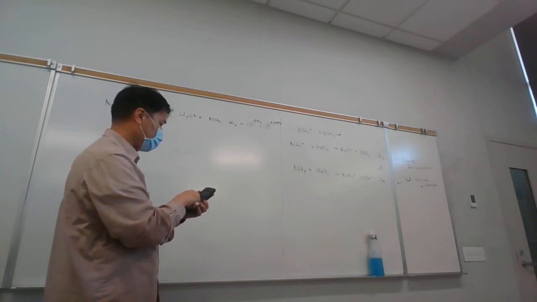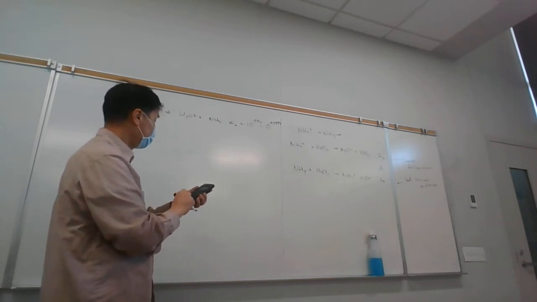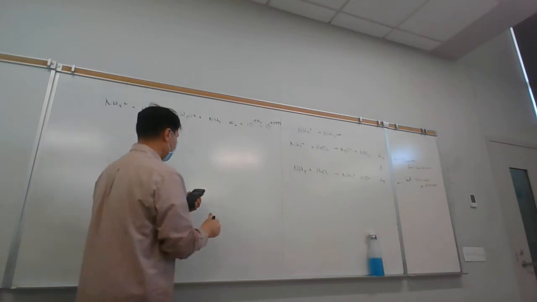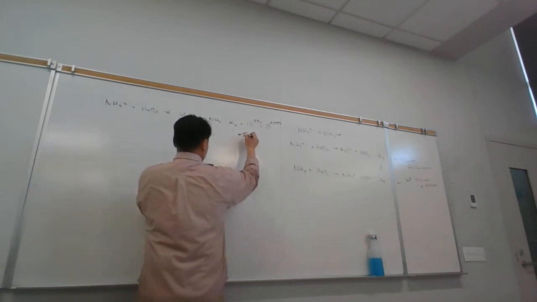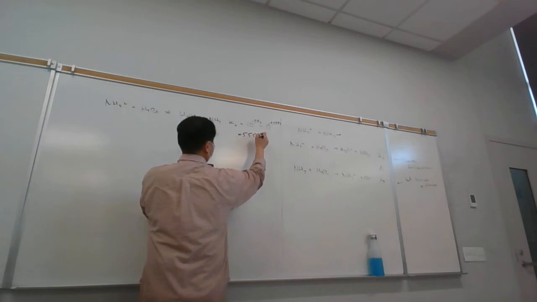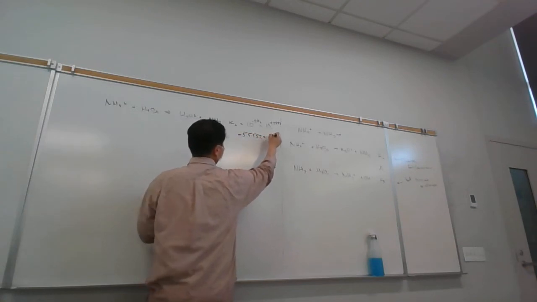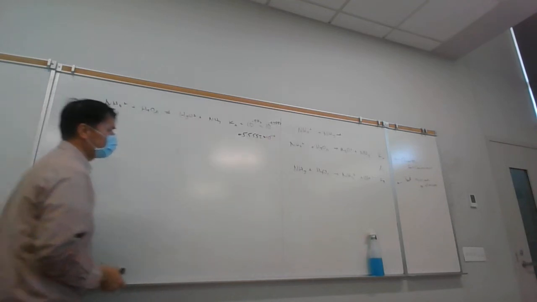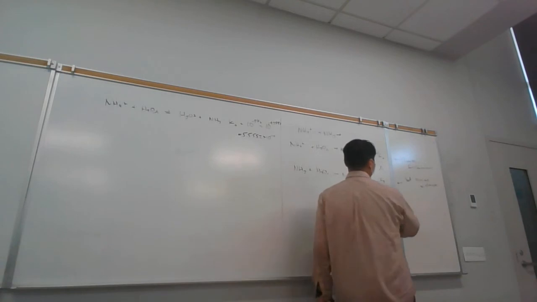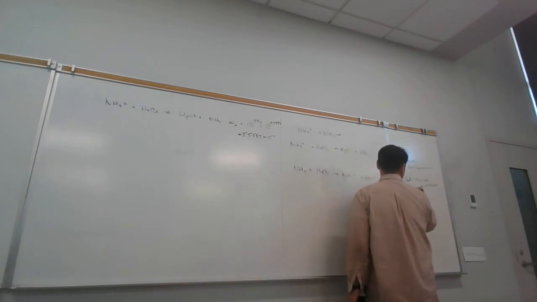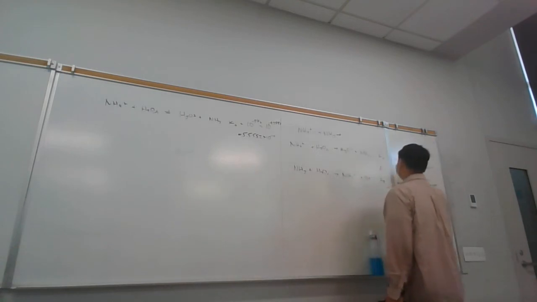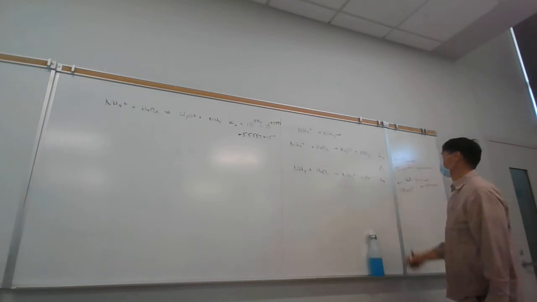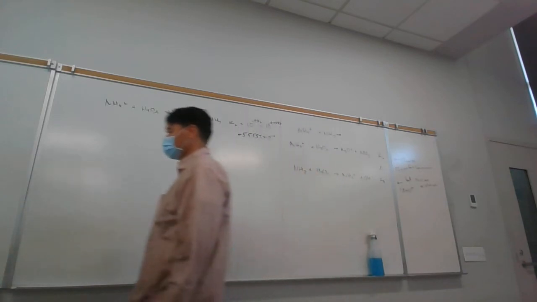This is going to be 10 to the negative 9.2553, which gives me a Ka of 5.5552 times 10 to the negative 10. It's pretty small. Whereas the Kb for ammonia is 1.8 times 10 to the minus 5. This one's going to be 5.6 times 10 to the minus 10. It's a huge difference.